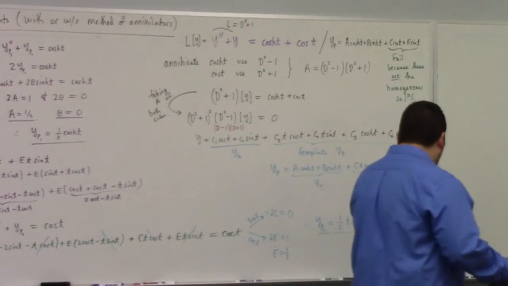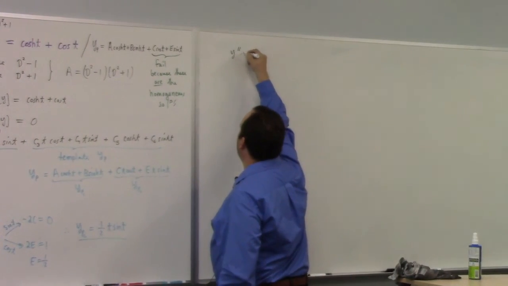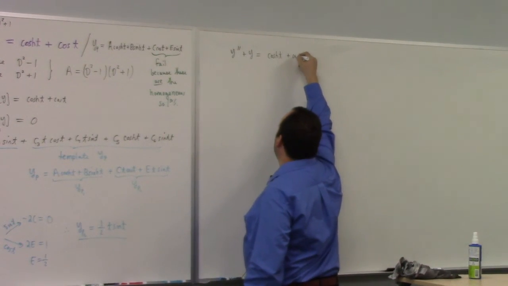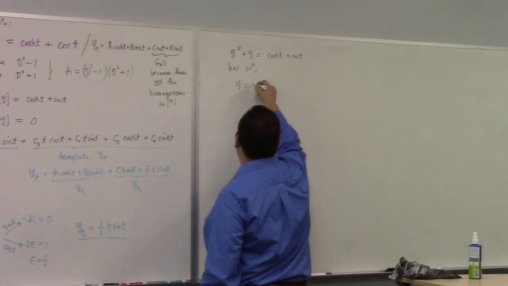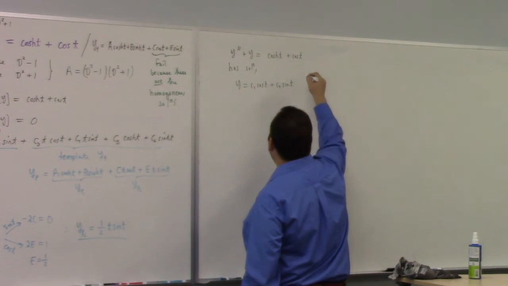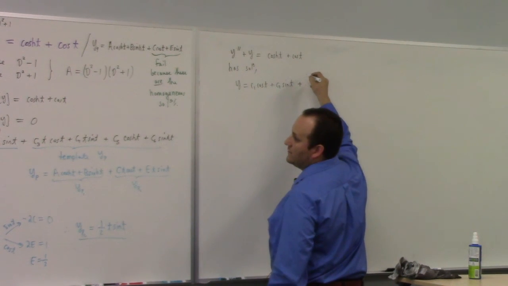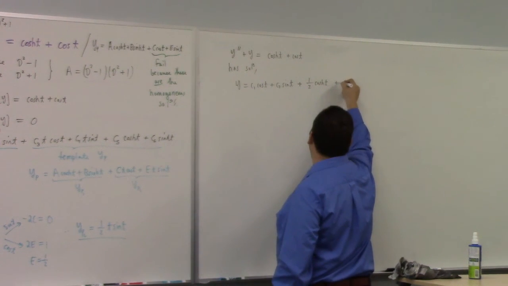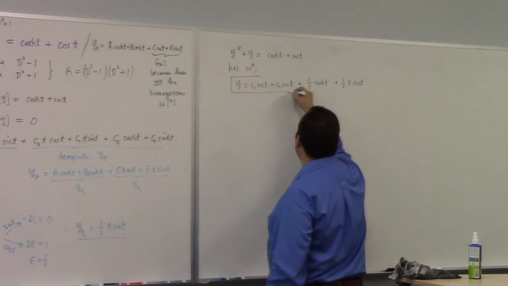So we have worked out that y prime prime plus y equals cosh t plus cosine t has solution y equals c1 cos t plus c2 sin t, those are the homogeneous pieces, plus 1/2 cosh t plus 1/2 t sin t. And there you go. That will solve this problem for any set of initial conditions.